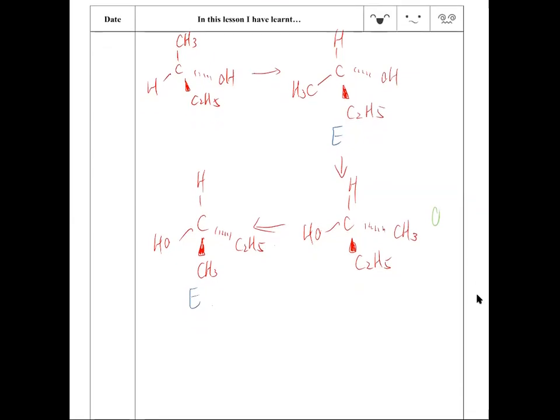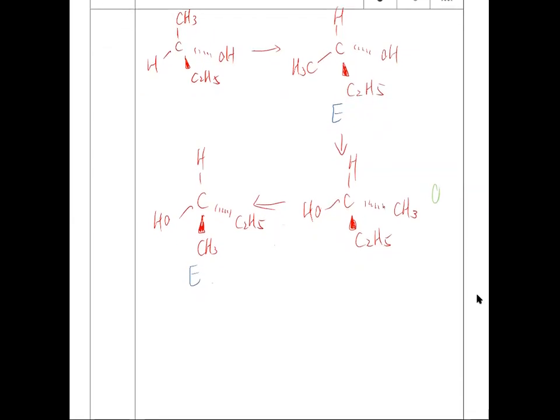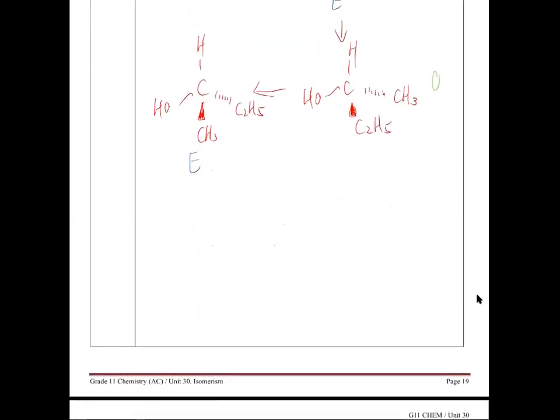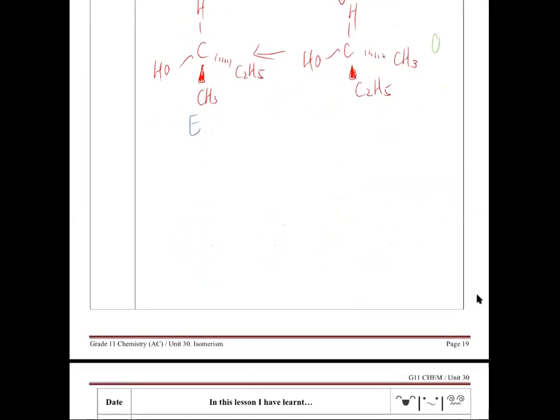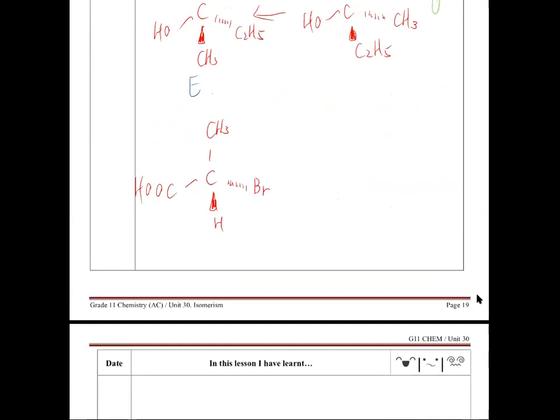So if we're using the same method to attempt question 5, we can try that again. For question 5, we begin with this molecule, and we want to approach the molecule on the right-hand side.